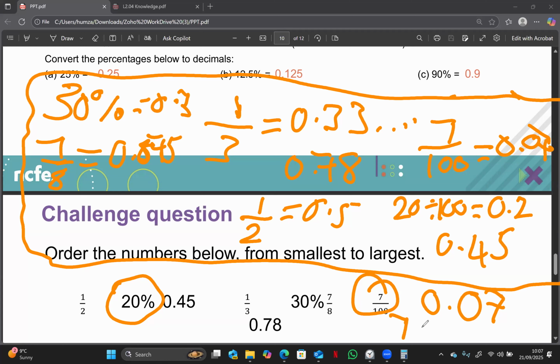Okay. Now multiply 0.33 by 100. What do you get? 33 times 100, is it 33.3? So what's bigger, 7 or 33.3?